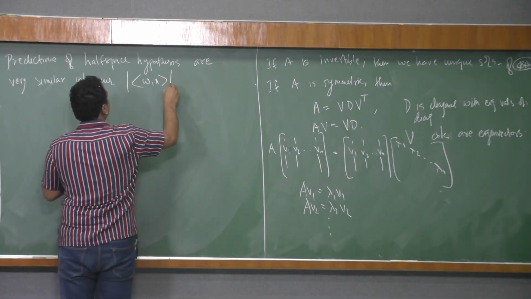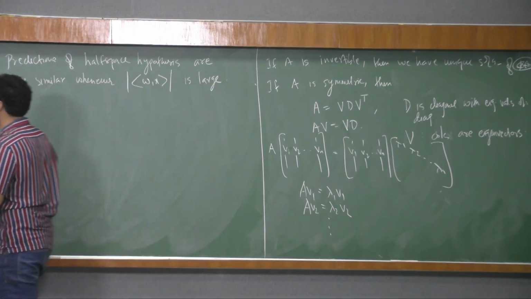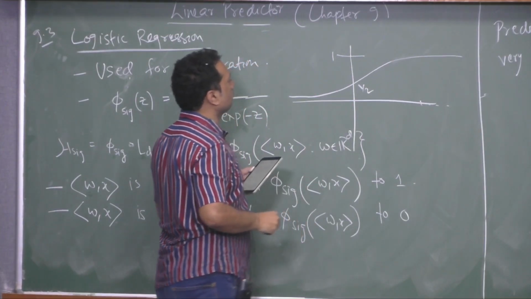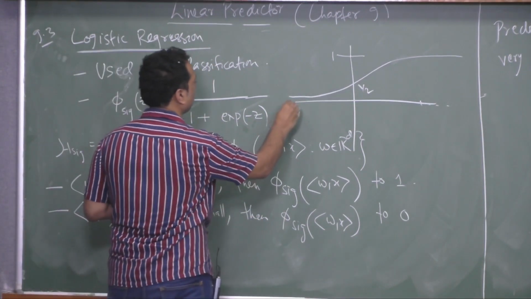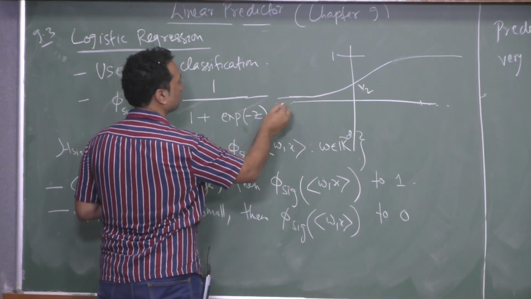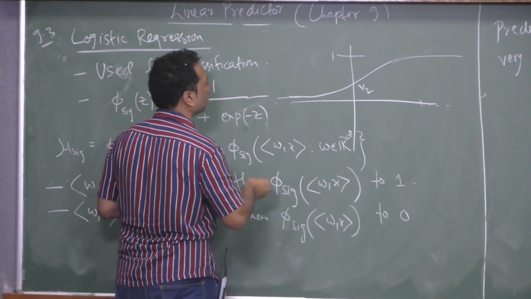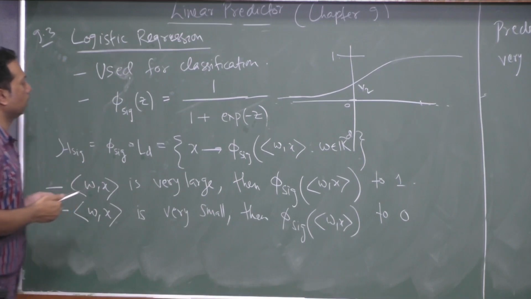Whether it's very negative or very positive, the prediction of both of them will be similar, because the sigmoid, if it's very positive, is somewhere here, touching 1 anyway, so it is predicting that it's class 1. And if it's very negative, then it will tell us that it's the other class, which is the 0 class. So in those cases it will clearly tell you which class the sample may be.